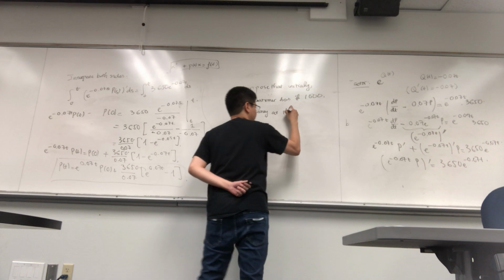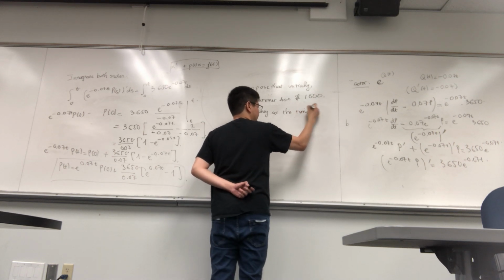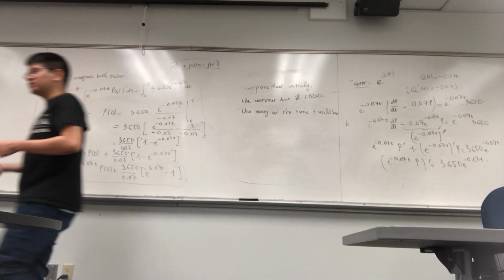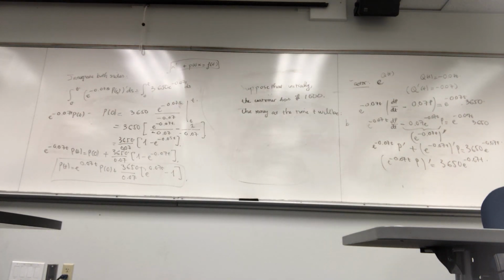So suppose that initially the customer put like 1,000 into his bank account. So what is the money at time T?